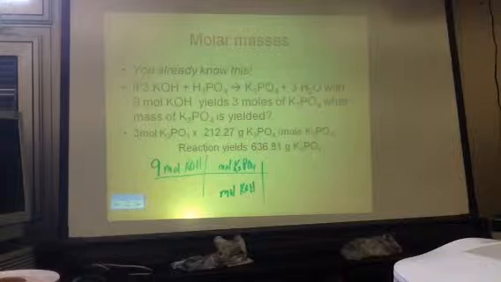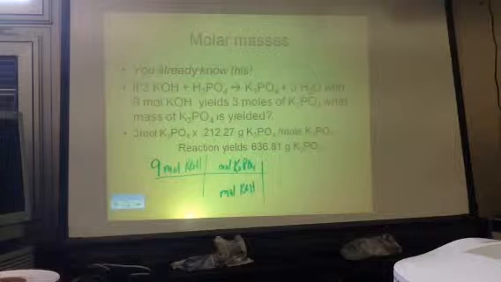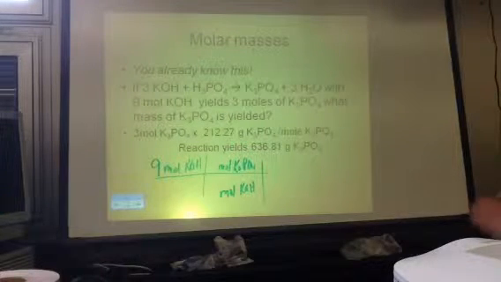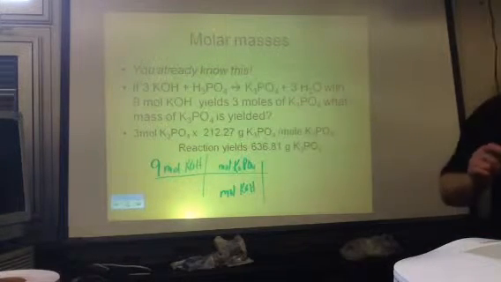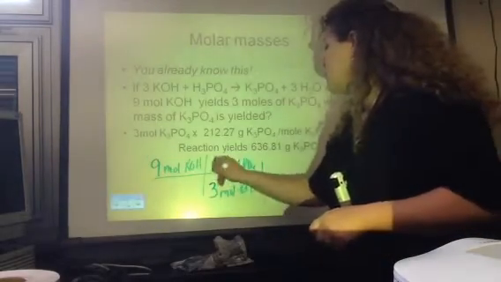If I hand you a chunk of something and I say, here's 3 moles of aluminum, you're going to look at me like I'm a lunatic, more than you already do. We really, in the end, we always want to know the mass of something, because that's the terms our brains work in. So we set that up, and we put in our mole ratios, which we got from where? Where did we get those mole ratios? Coefficients. So 3 moles to 1 mole.